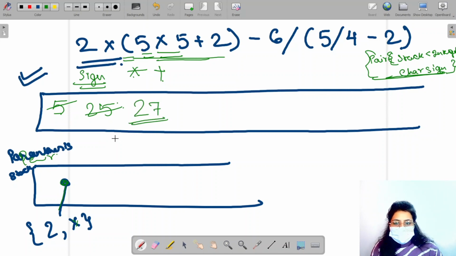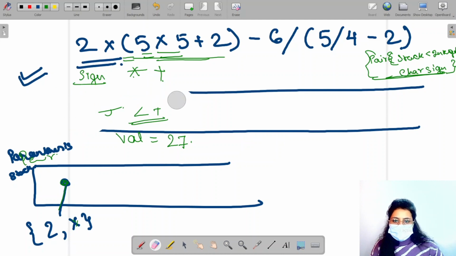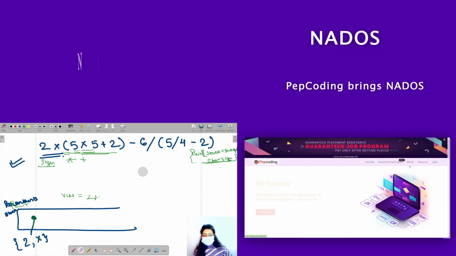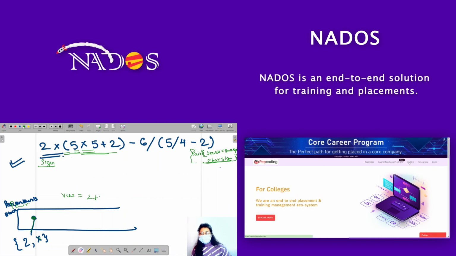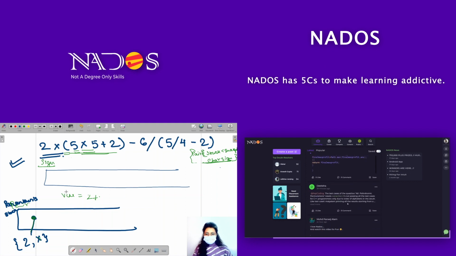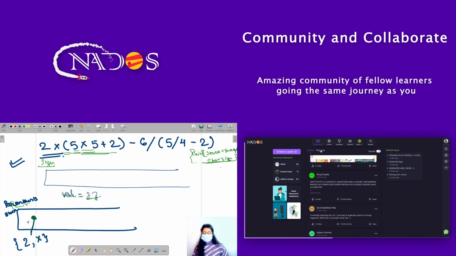The answer is stored in a variable val. Let's say 27. Now again the stack is restored, right? So we have the value stored in a variable and we will restore the stack again.